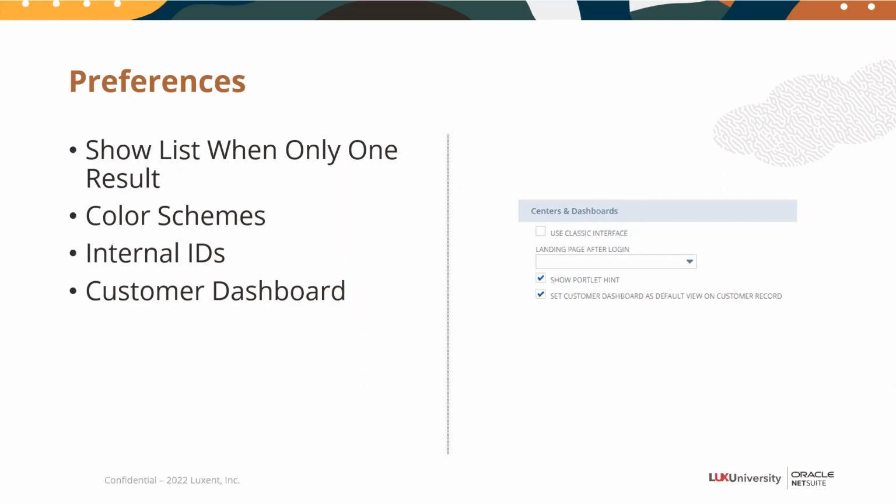Whereas the dashboard is a little bit more action oriented. It has graphs and things. It has their current outstanding AR presented in a more user-friendly dashboard format. So if you prefer that dashboard format, you can set that preference as the default view, and then that will take you there when you select a customer.